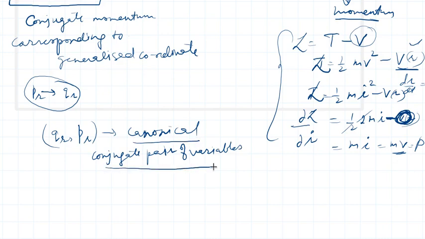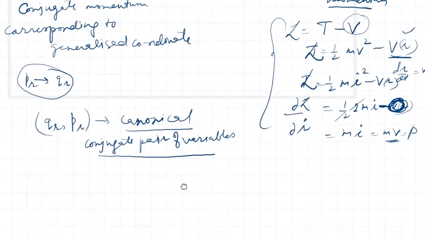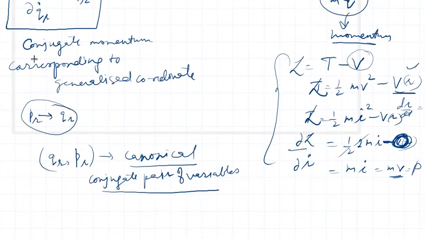So this is known as the canonical conjugate pair. Now let us generalize the idea, and this conjugate momentum is sometimes known as canonical conjugate momentum, right? In most of the texts it is also known as canonical conjugate momentum.